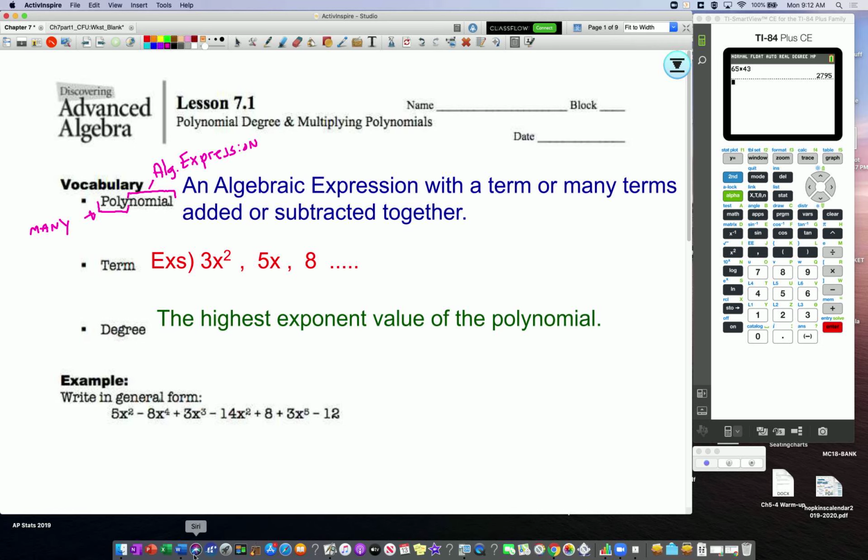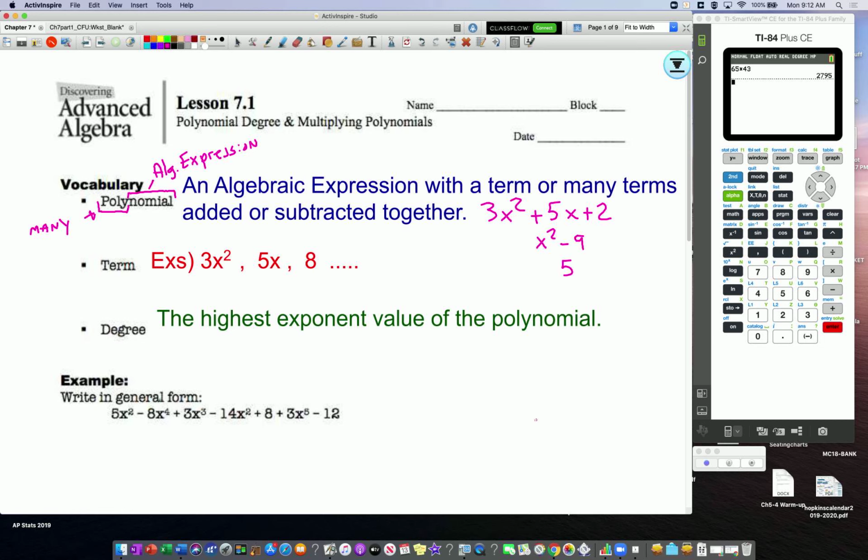So when we talk about them being added and subtracted, it's like looking at something like this, 3x squared plus 5x plus 2. That could be a polynomial. It could be as simple as just saying x squared minus 9. It could be as simple as the number 5.